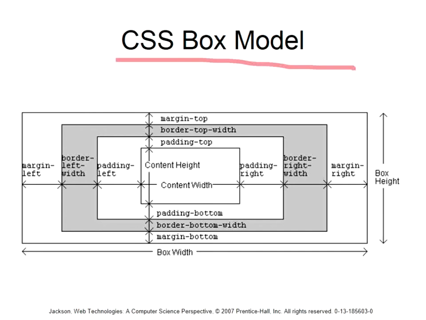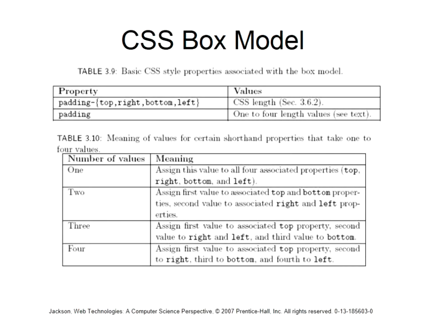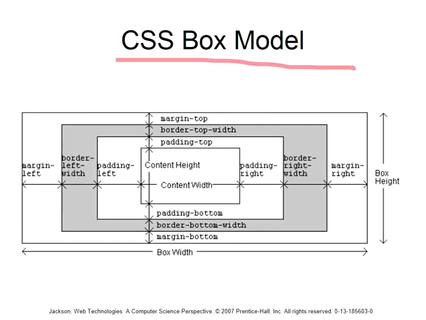So for the box model, this is a schema, and in this schema we specify all the values: margin left, border left, padding, etc. We can write, for example, padding, and after padding, the first value is for the top, then right, bottom, left.